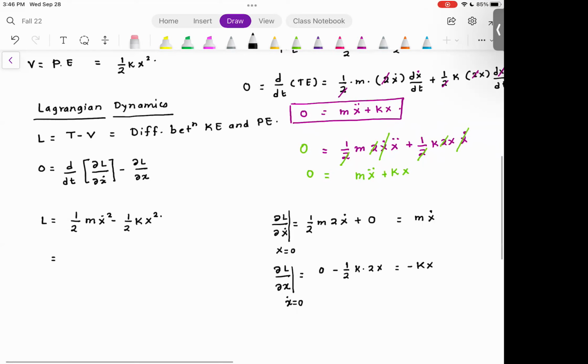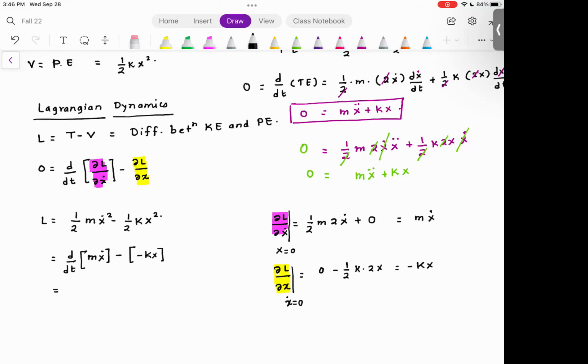And then what I'm going to do is substitute partial L by partial x dot, this quantity here, and partial L by partial x, this quantity here. So this equation is now going to become d by dt, and please understand, this is the full derivative, of m x dot, minus minus kx.